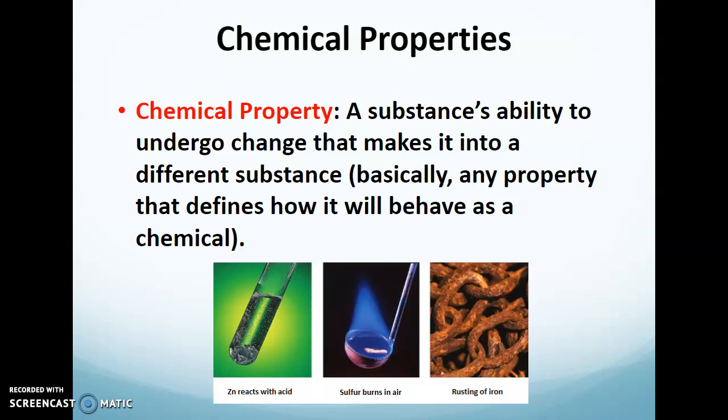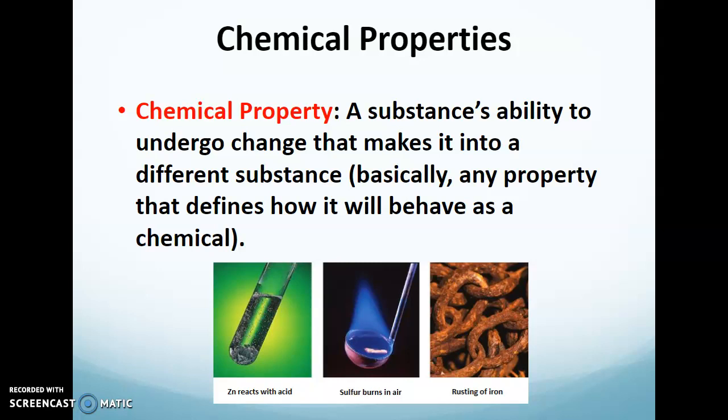So in the image below, we see three different examples of metals. In the first one, it says zinc reacts with an acid. So in that picture, solid zinc was dropped into an acid, and we can see from the image that we see a chemical change. In the next one, it says sulfur burns in air.